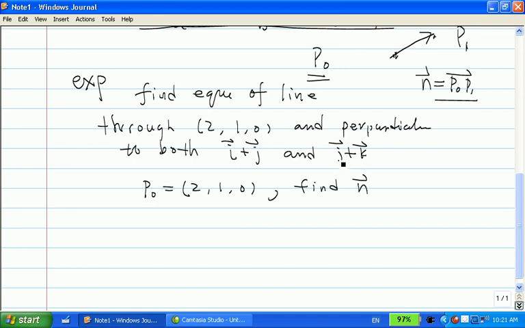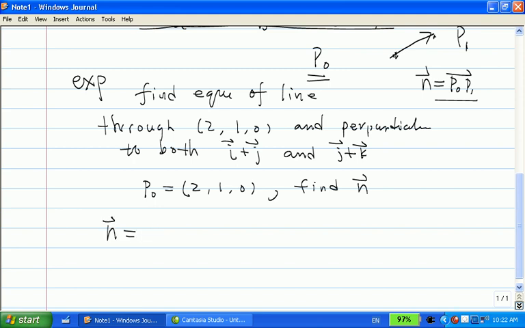So first of all, can you find a vector perpendicular to both given vectors? We know that's exactly what the cross product does. So we can find a vector, let's say n.